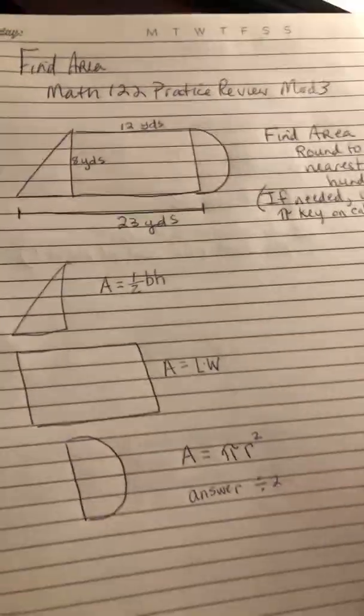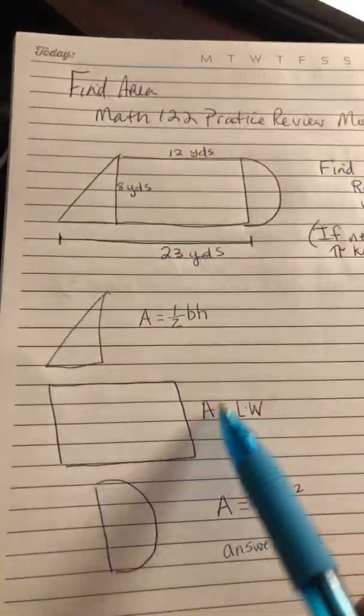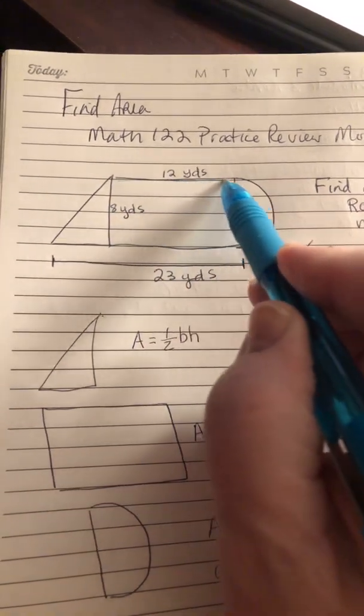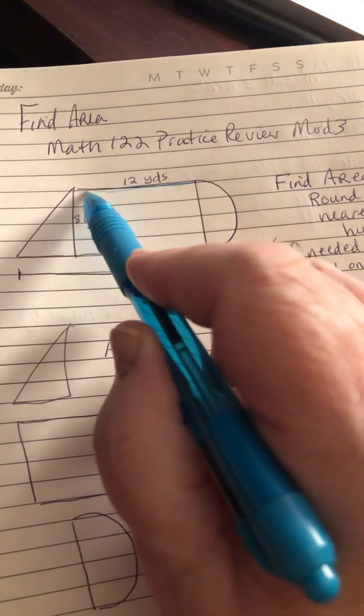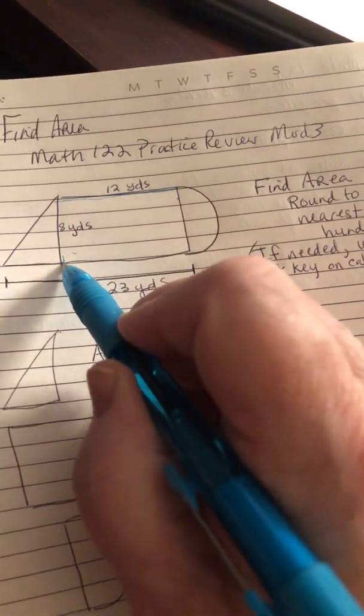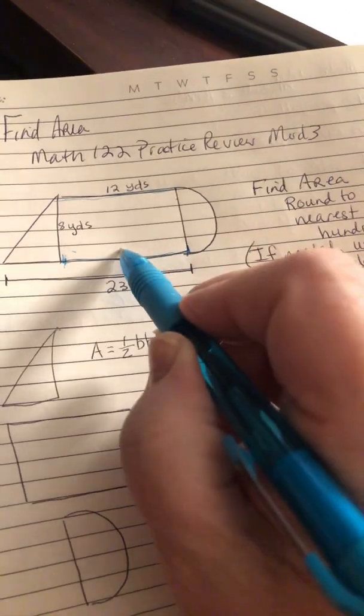So we're going to start up here with what we know about the shapes. For example, on rectangles, opposite sides are going to be equal. So this is 12 on top, which means that from here to here is also 12.